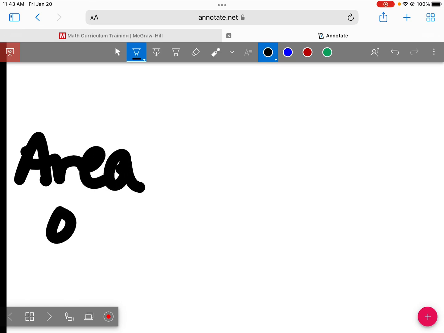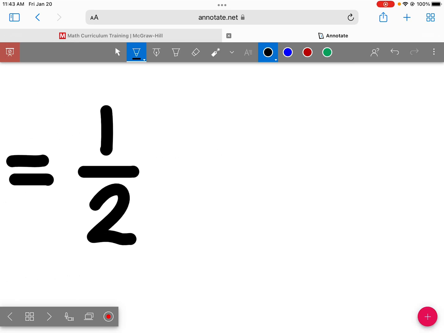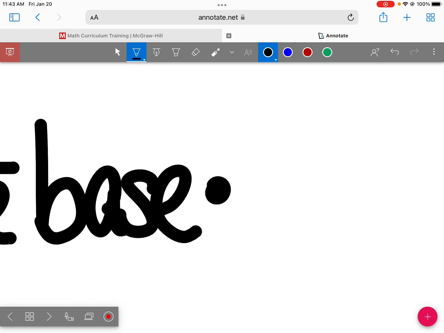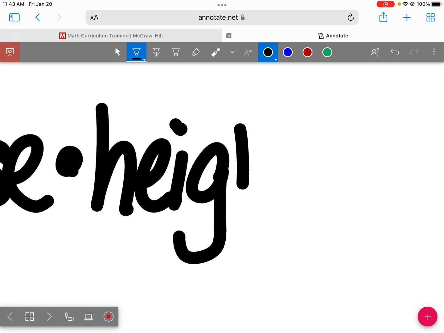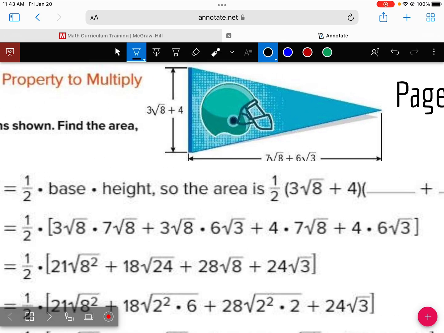The area of a triangle is equal to 1/2 the base of the triangle times the height of the triangle. So here's this triangle-shaped pennant right here.